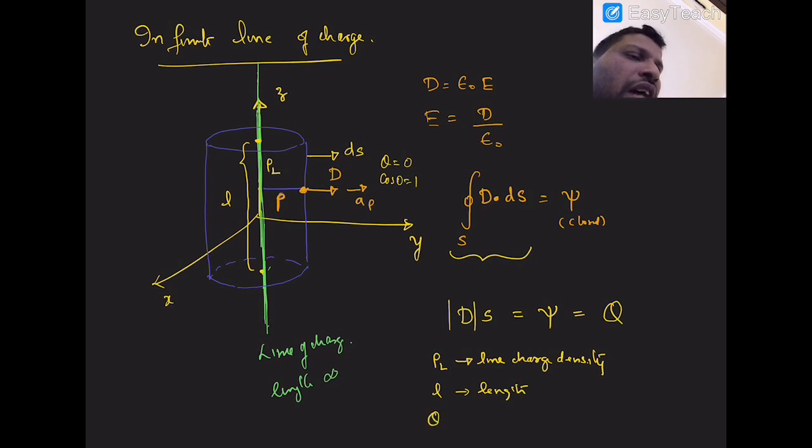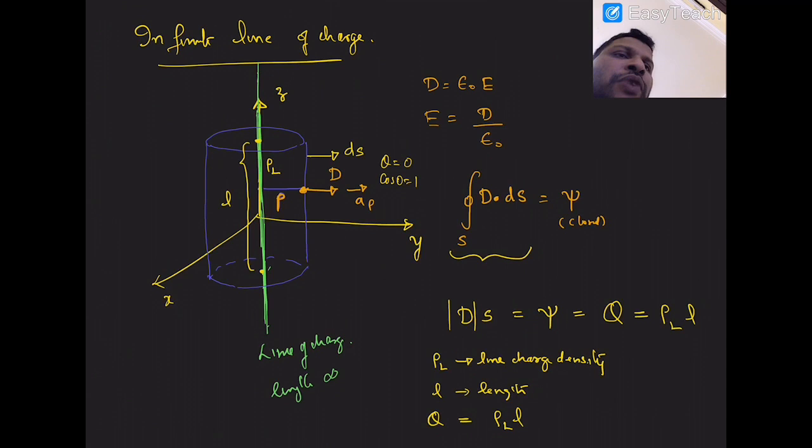So the charge inside the cylinder will be equal to Q, which is nothing but the line charge density multiplied with L, so Q is rho L into L. So you will get the magnitude of D into S is equal to rho L into L.